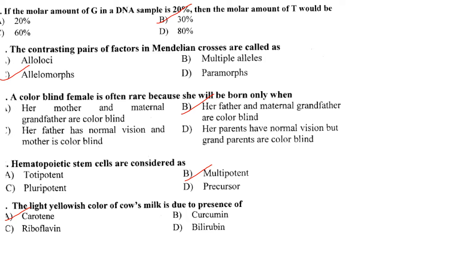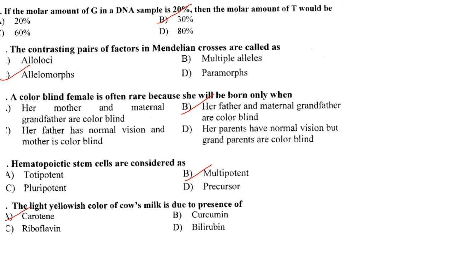A colorblind female is often rare because she will be born only when her father and maternal grandfather are colorblind, because color blindness is an X-linked genetic disorder.